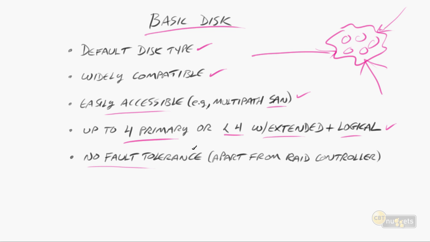Now, you can have fault tolerance with a basic disk if you're using a RAID controller. Okay, so if I have a RAID controller in my computer, it might have, let's just say, 3 hard drives all connected to this RAID controller. This is going to be presented to Windows as a single drive.